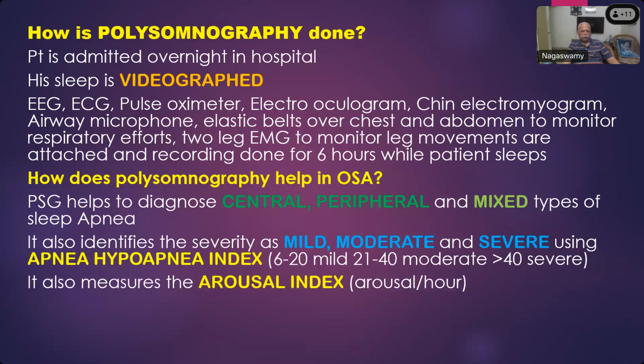It also measures what is called the arousal index. So using these two, the apnea hypopnea index, which is also called AHI, and the arousal index, which is also called AI, what other index can you deduce from these two findings? What is the name for that?